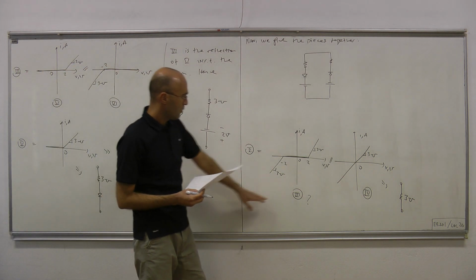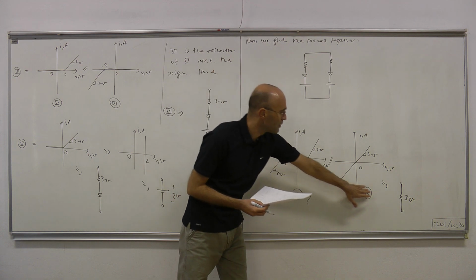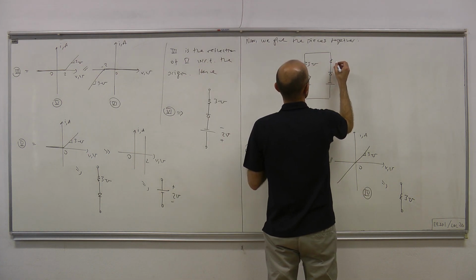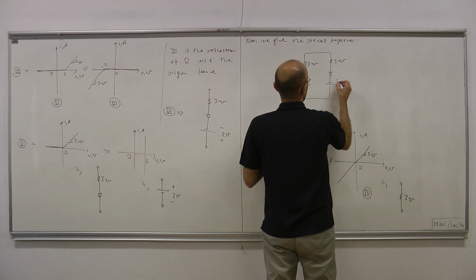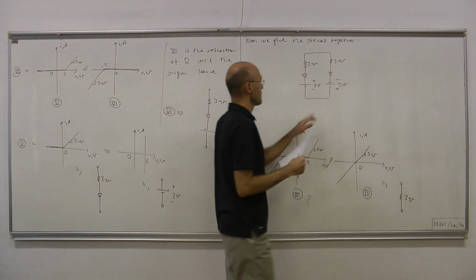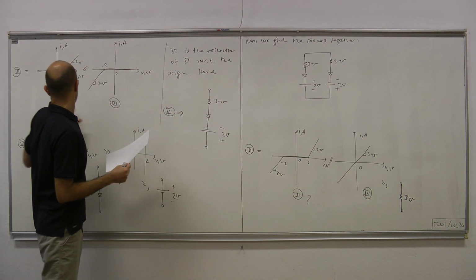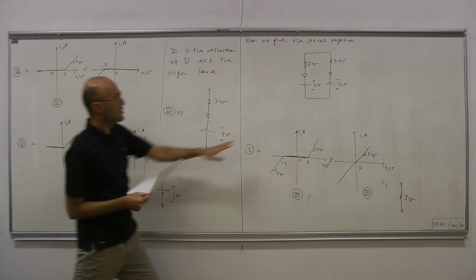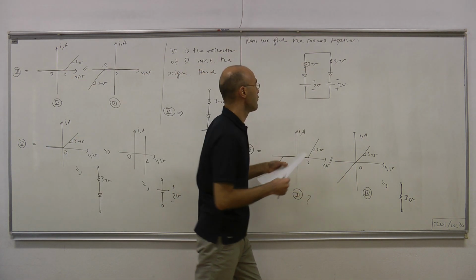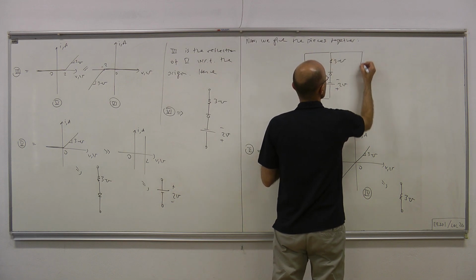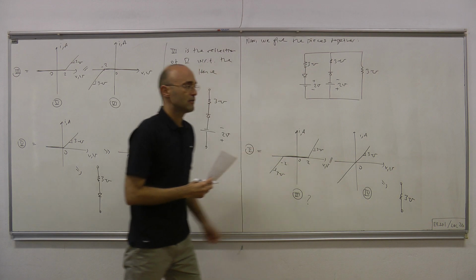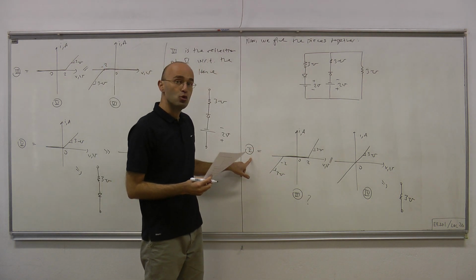And 3 was connected in parallel with the 3 mho resistor. So this is 3 mhos, this is 3 mhos, minus plus 2 volts, plus minus 2 volts. This is 5 and 6, this is 3, and 3 is in parallel with 4. 4 was this 3 mho LTI resistor, and that's 2.